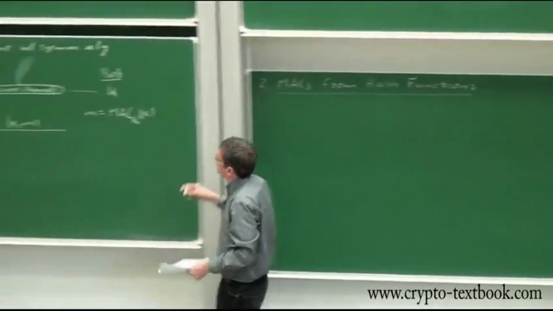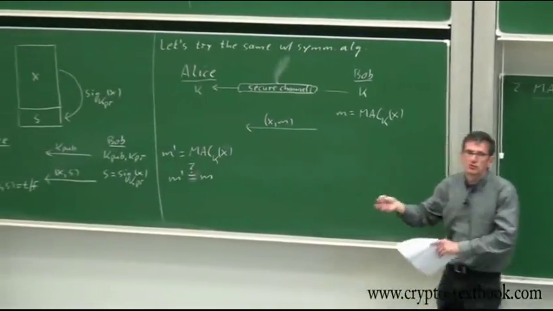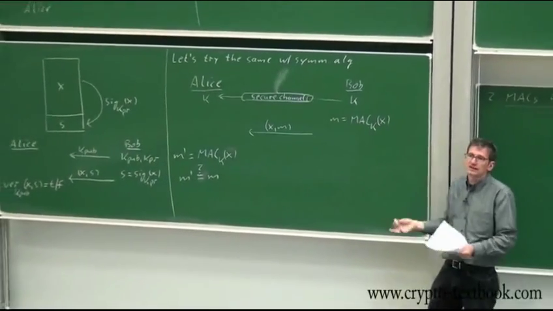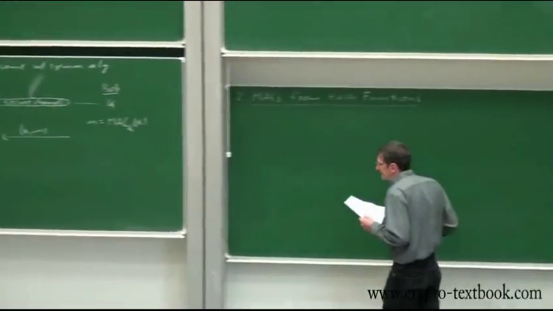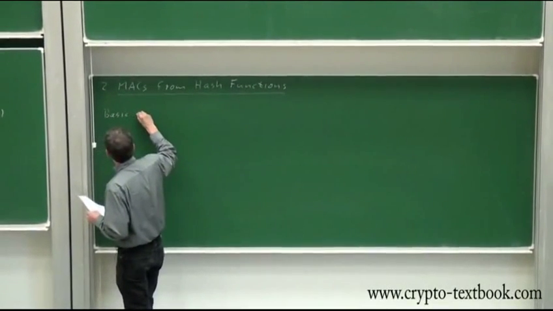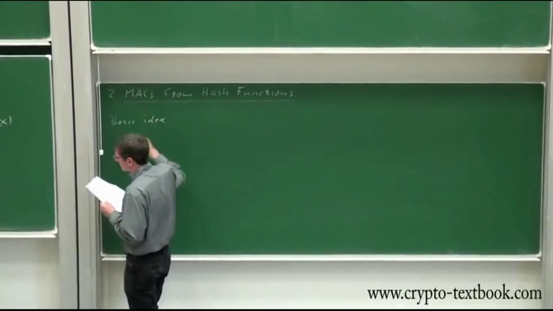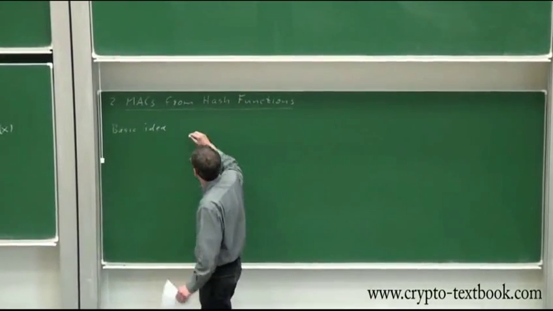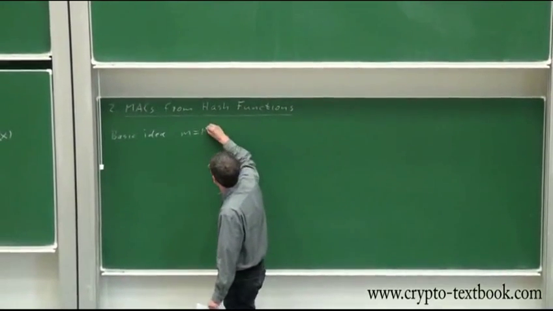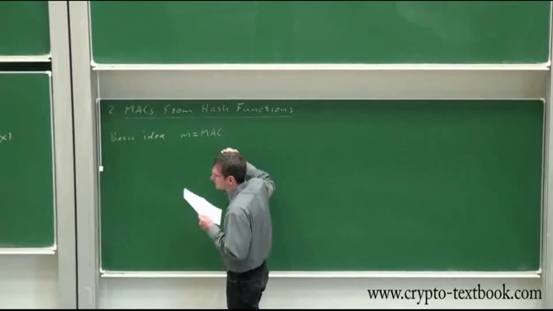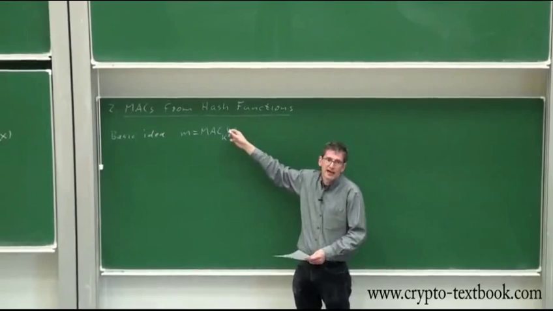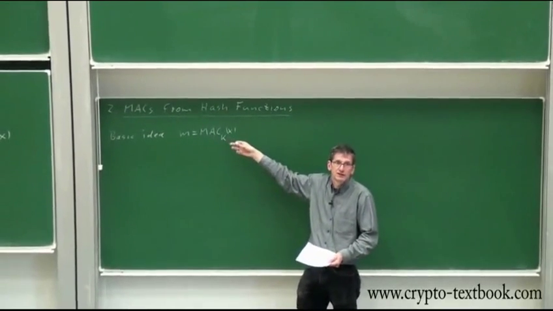So the question is, how do we realize that here? What we want to do is somehow bind together a key and a message, and a surprisingly simple approach, the basic idea, is to say, okay, our MAC M has an input X, obviously the message, and the input K for the key, the secret.